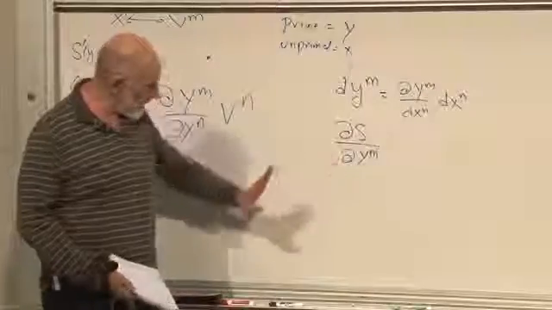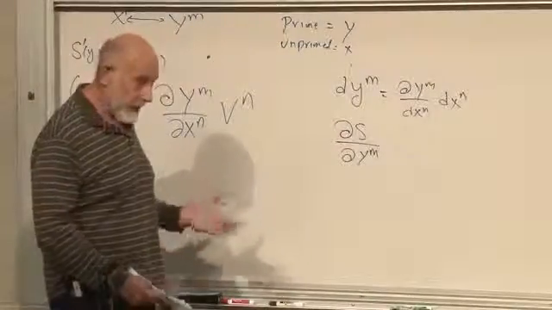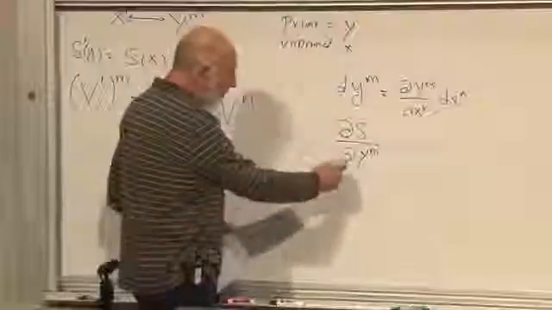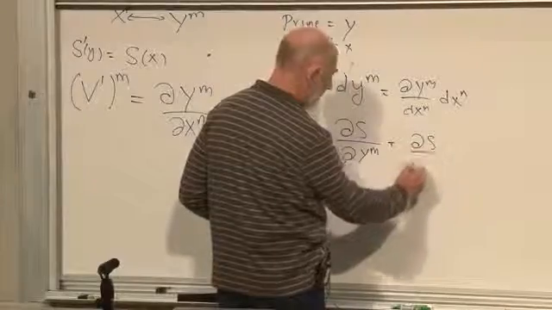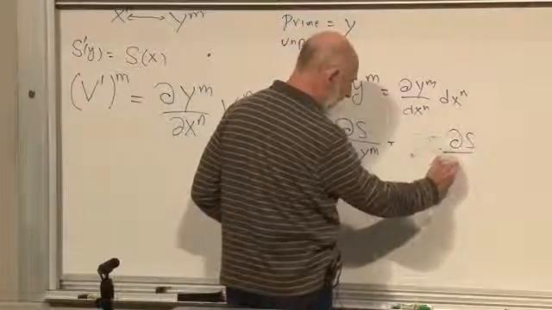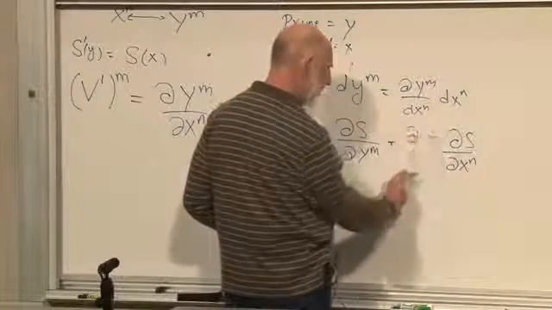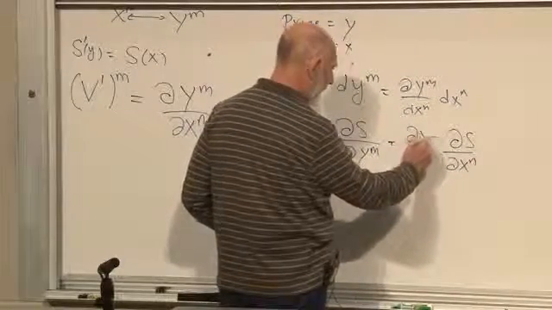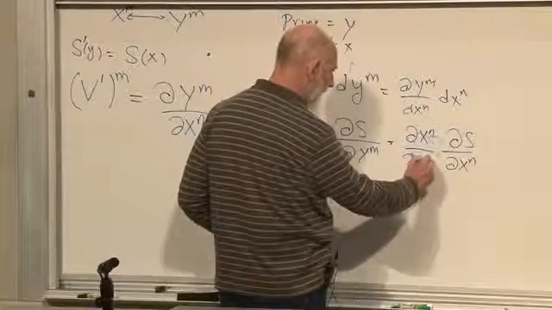This is the gradient of s, and I've differentiated with respect to y, not x, so this is a primed component. And this is equal to ds/dx^n times dx^n/dy^m.